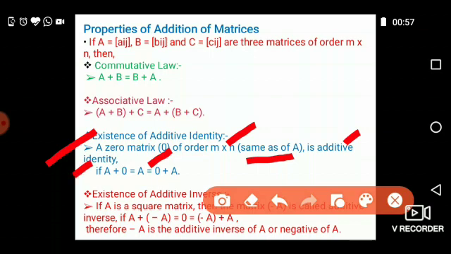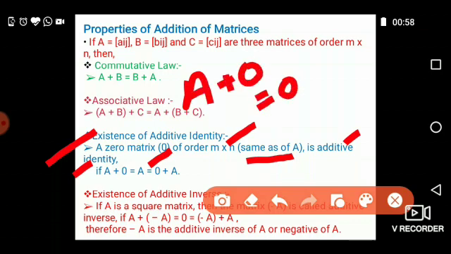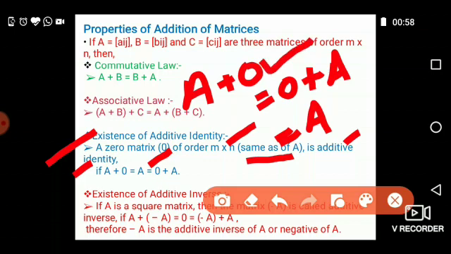Zero matrix is called an identity only if any matrix is added with a zero matrix, or zero matrix is added with a given matrix, it gives the same matrix A. Then zero matrix is always called an additive identity matrix.